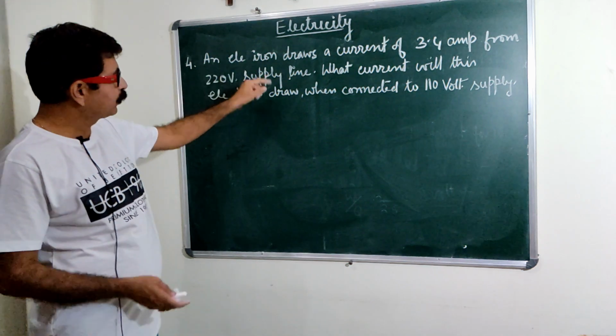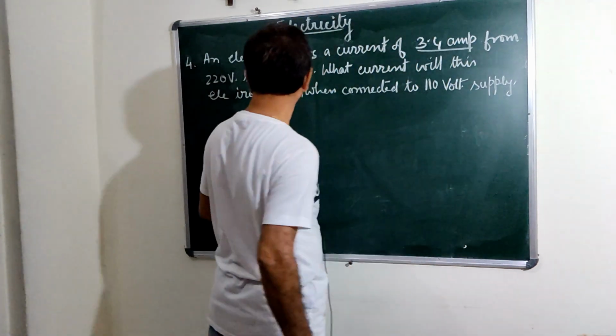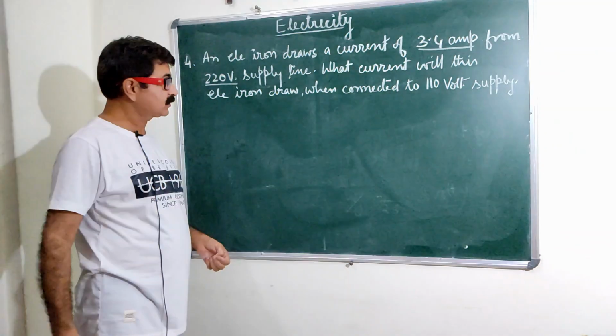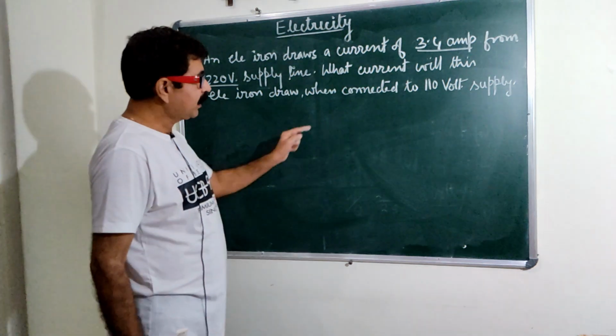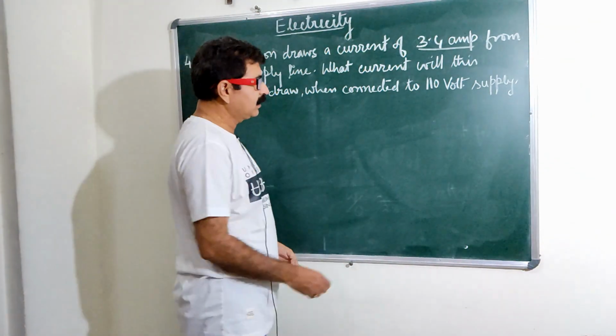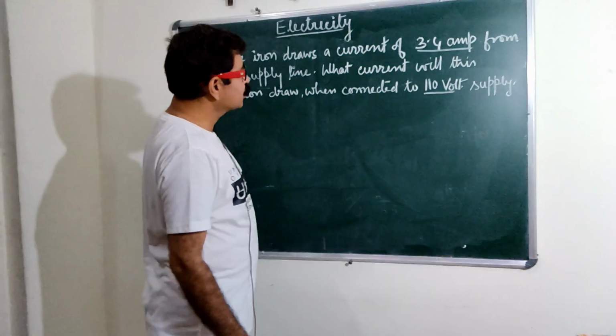An electric iron draws a current of 3.54 amperes from the supply of 220 volt potential difference. What current will this electric iron draw when connected to a 110 volt supply? So what is given here?